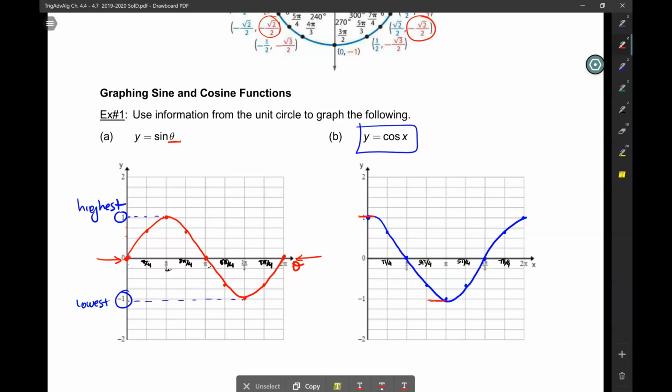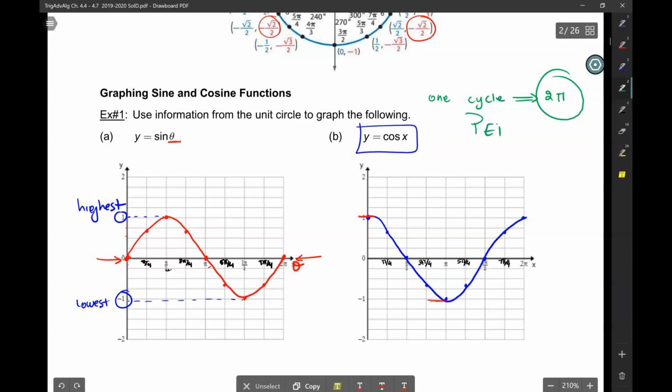So please remember, if there is nothing else that you remember, please remember that one cycle is completed over 2 pi. And guess what we call that? The length over which I complete one cycle is called the period of the function.